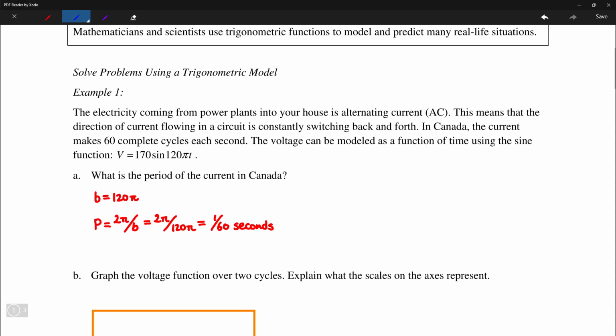So that means, once again, that we have 60 complete cycles in 1 second. Okay, so that is also known as 60 hertz.